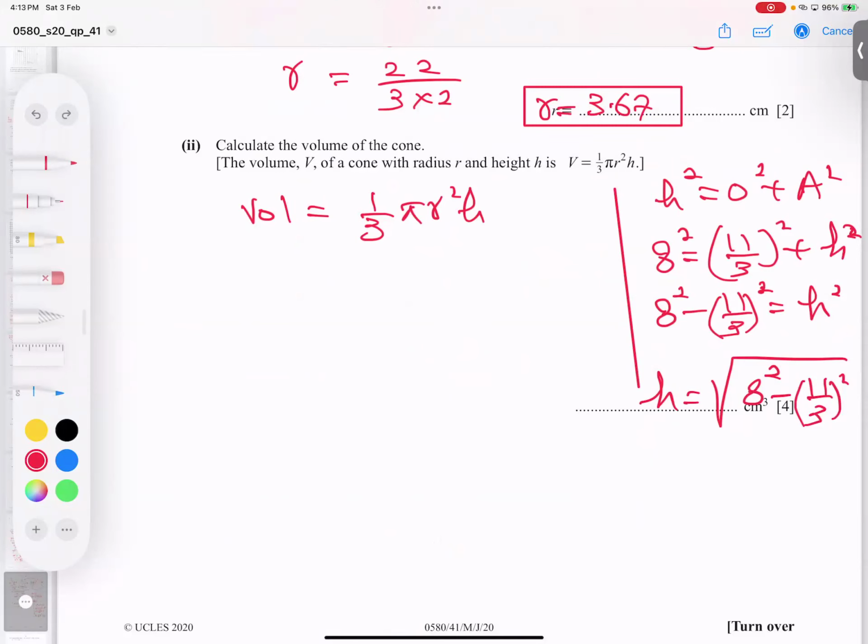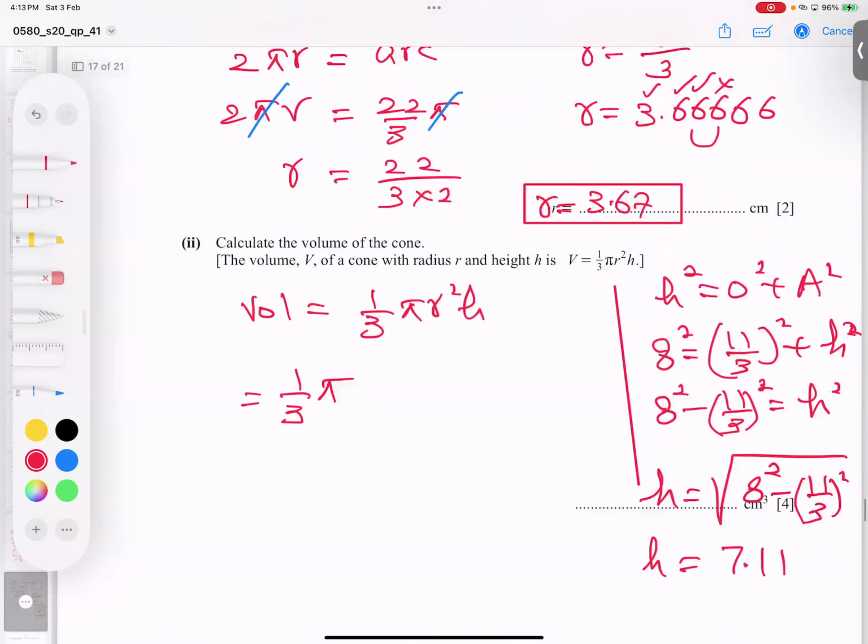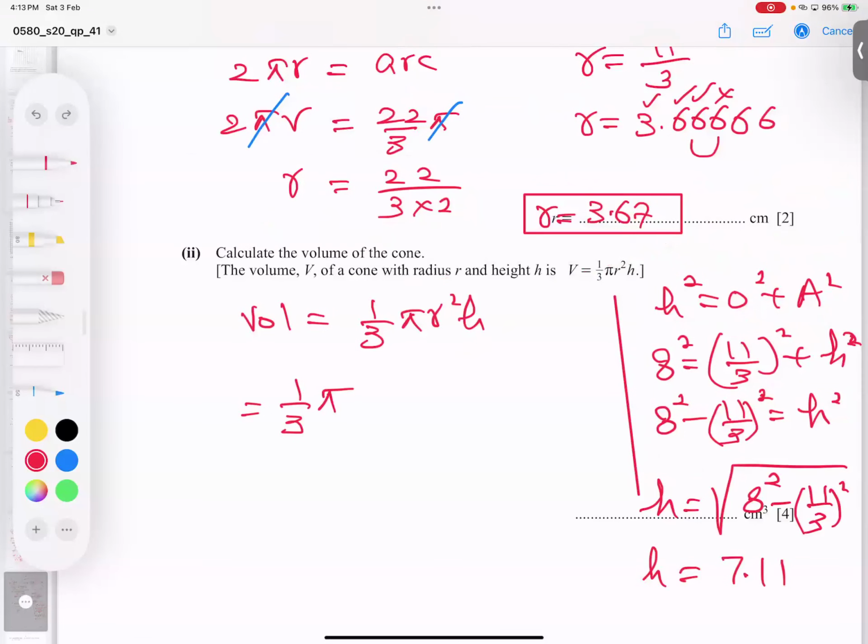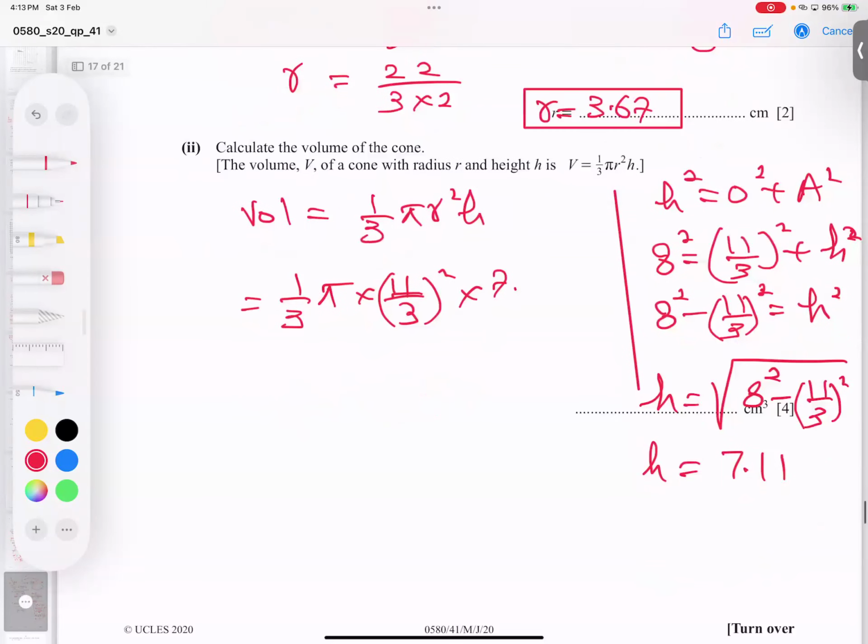And I'm getting the height of the cone as 7.11. Now let's apply the formula. The radius of the cone is 11 by 3, and if you don't like 11 by 3, you can use the other one even. The height is 7.11.